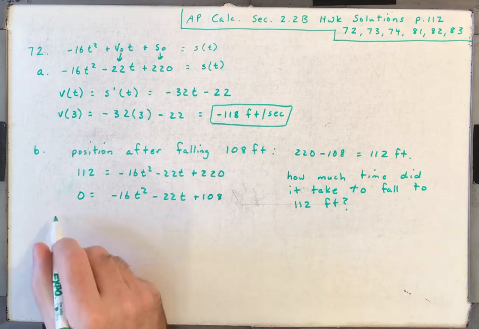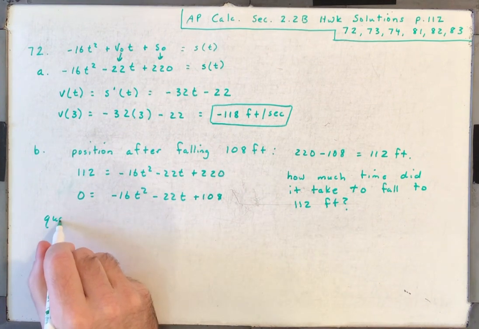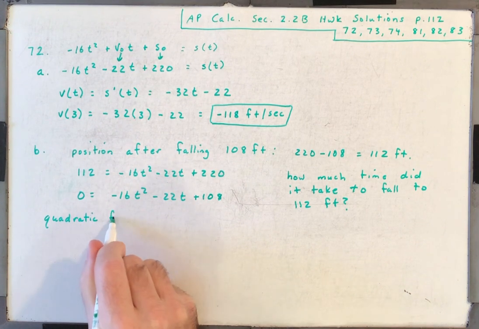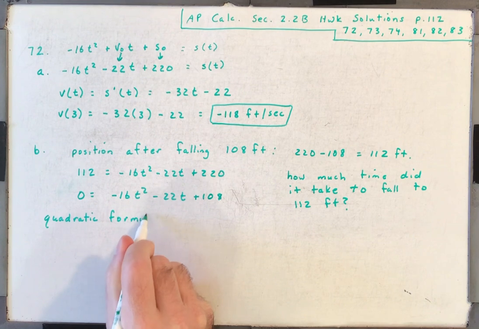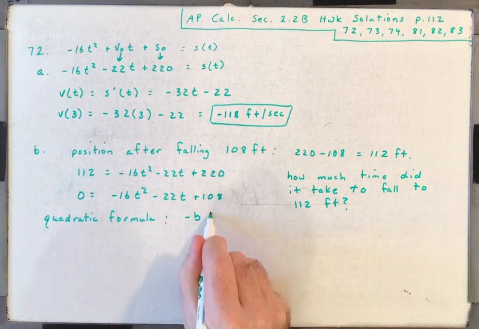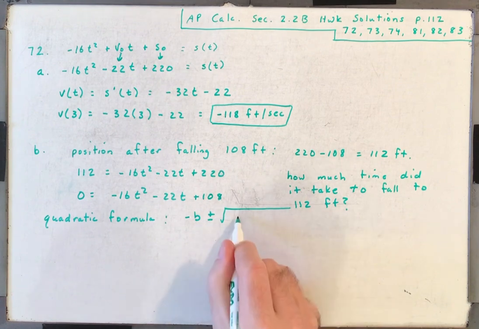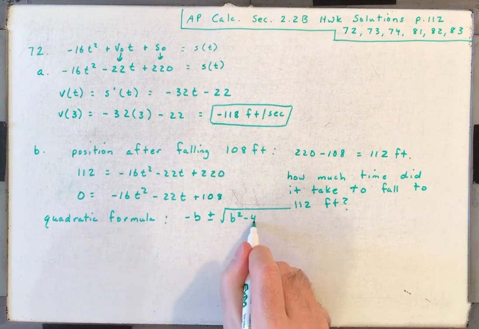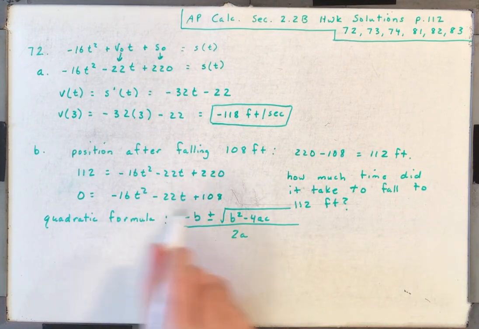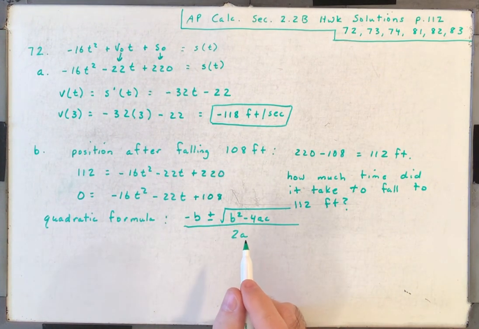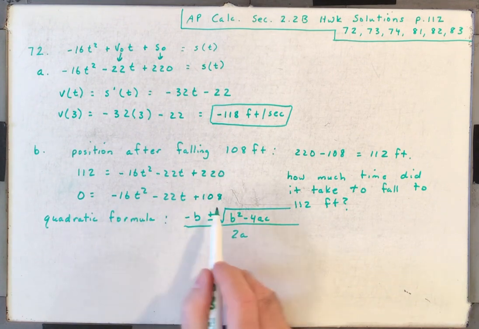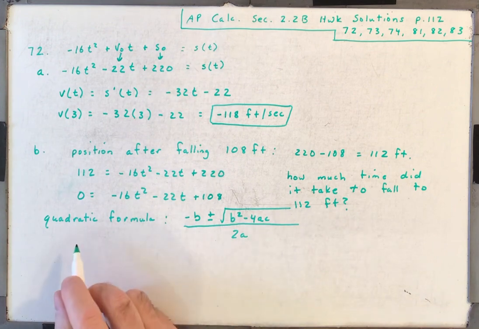So now we're going to have to use the quadratic formula to solve for t. To remind you, that's negative b plus or minus square root b squared minus 4ac all over 2a, because this is not factorable. You can try it, but not very easy. We could make our numbers a little easier if we factored out, say, a 2, but I'm not even going to bother with that.